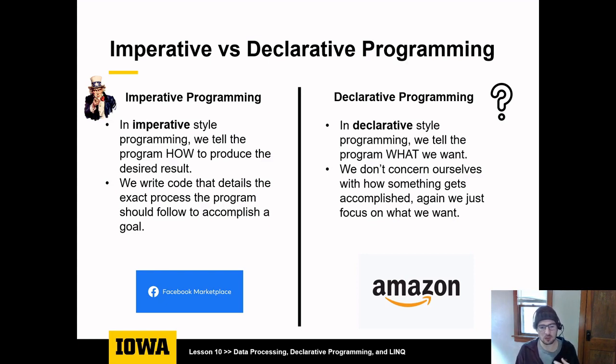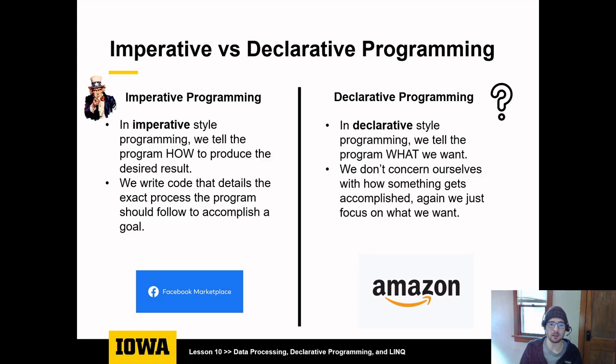And to talk about these styles, we'll say imperative programming, when we're doing imperative style programming, we are telling the program how to produce the desired result. And as such, we write code that exactly details the process a program should follow to accomplish what we want.